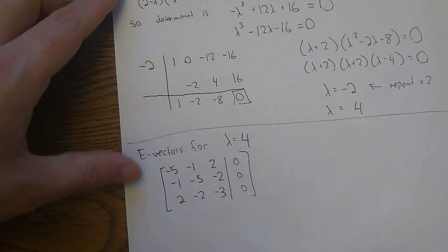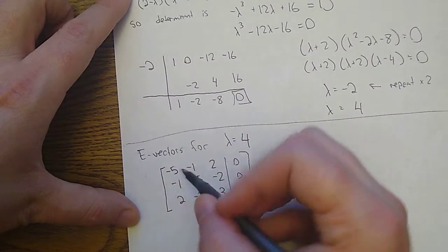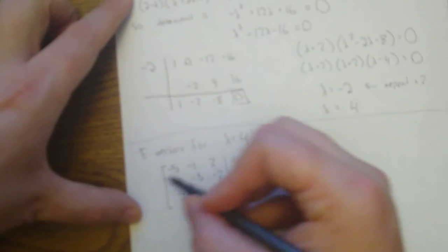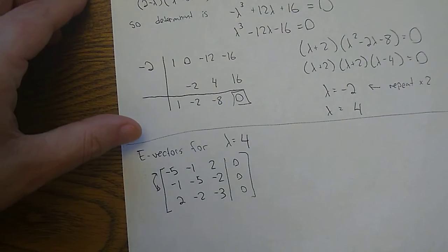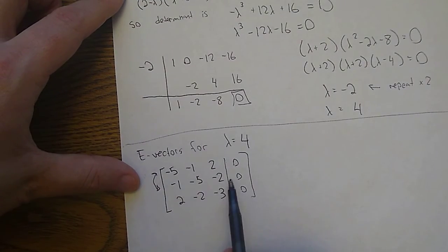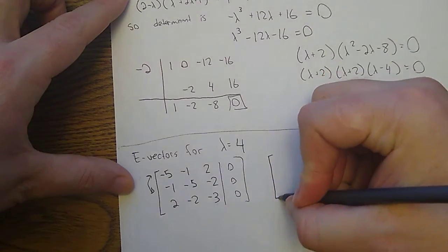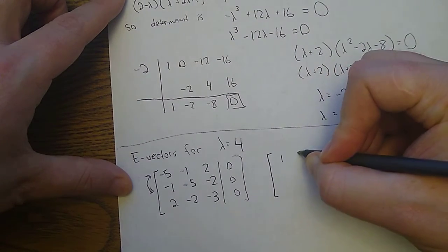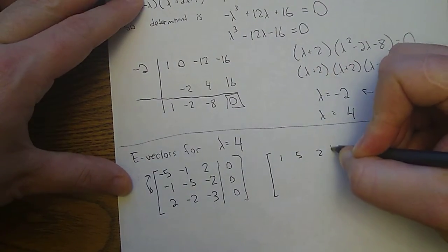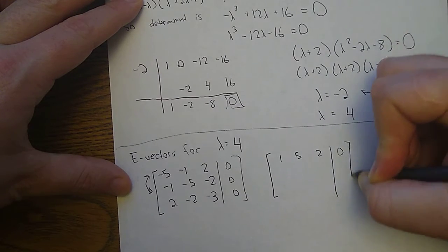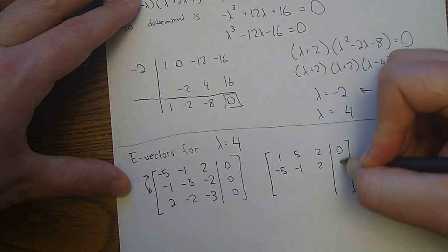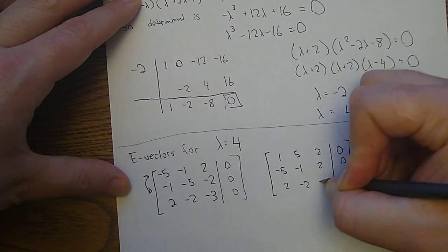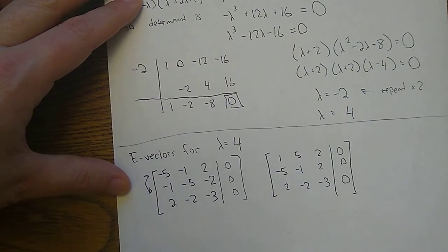So I solve that. I would like a 1 here, so I'm gonna switch these 2 rows. But because I can do more than one thing at once, I'm gonna also run a negative sign through this. So 1, 5, 2, 0. -5, -1, 2, 0, 2, -2, -3, 0.